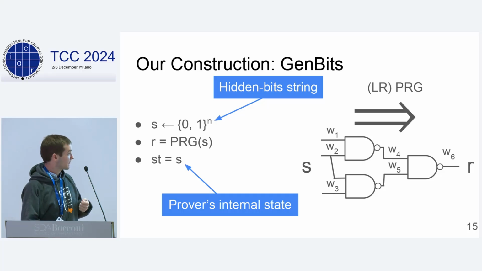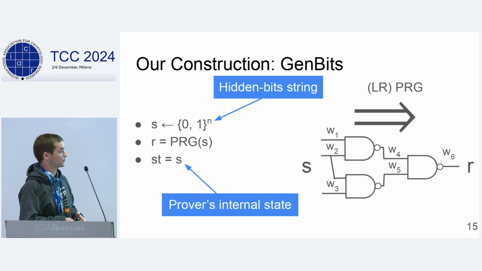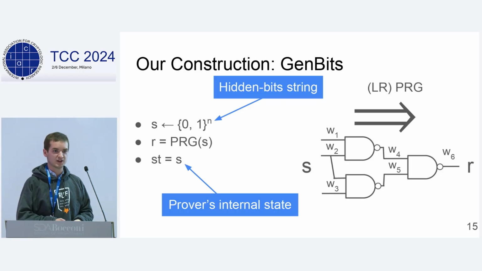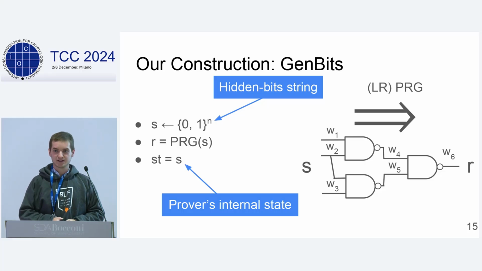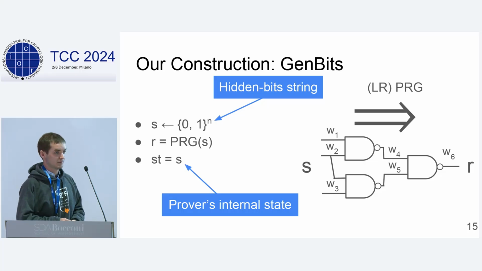And then finally, it will send to the verifier this collection of commitments to the internal wires, together with the openings for all the revealed output wires, and the batch argument that every gate is evaluated correctly with respect to these commitments.